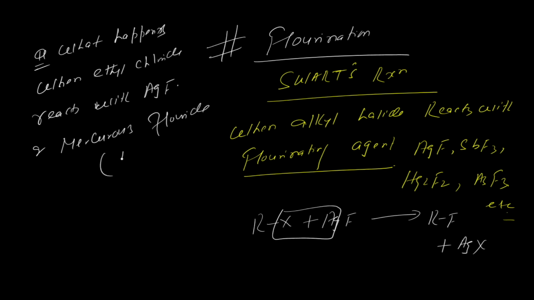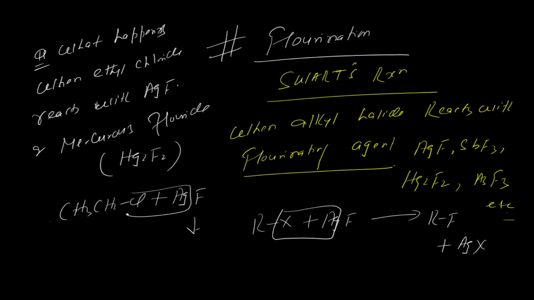Take the example of CH3CH2Cl, the ethyl chloride, plus AgF. Only one AgF is required, one molecule is sufficient. AgCl is out, and it forms CH3CH2F, ethyl fluoride, plus AgCl.